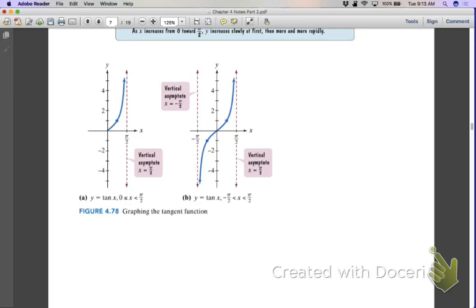The one thing that you've got to pay attention to is your window. What that means is, after you are given your function, it'll tell you how much to graph. So on the first one where it says y equals tangent of x, and it wants you to show from 0 to pi over 2, that's all you have to show.